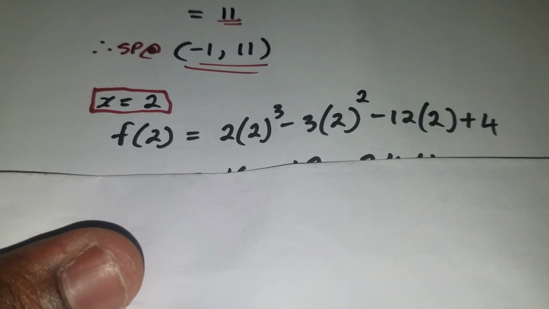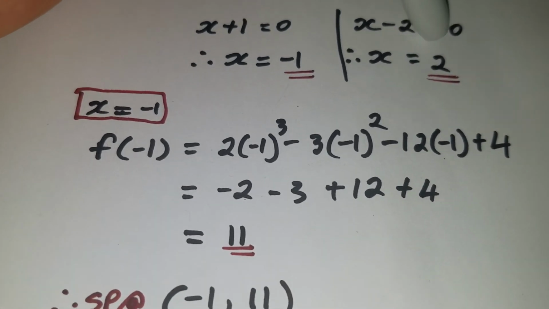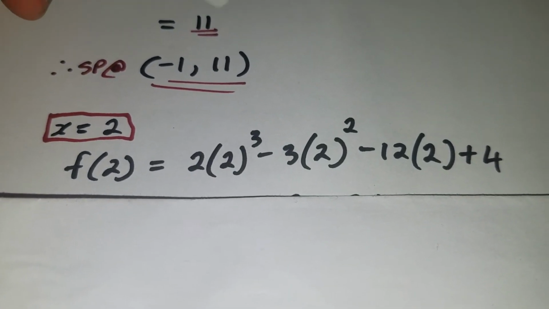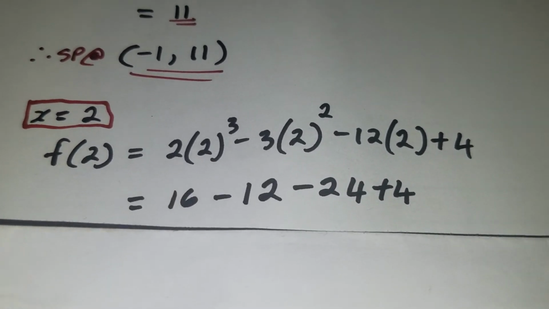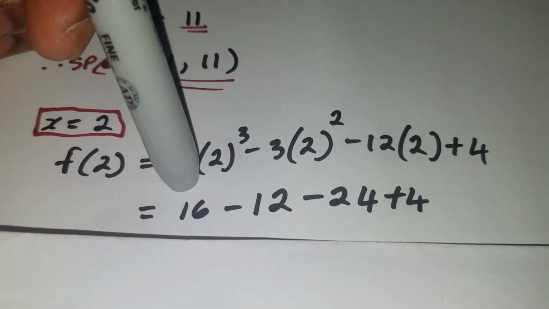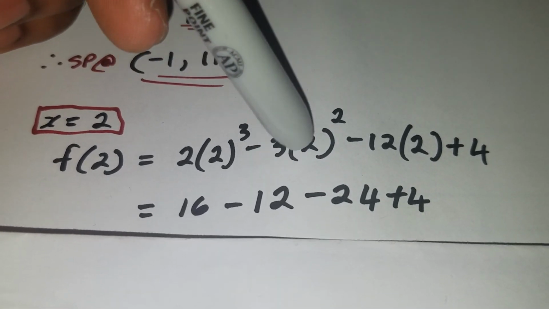Now to find the next stationary point, it would be when x is 2. Because remember, the other value for x is 2. So when we substitute 2 into the original function, this is what we end up with. 2 cubed will give us 8. 8 times 2, 16. 2 squared will give us 4. 4 times negative 3, negative 12.